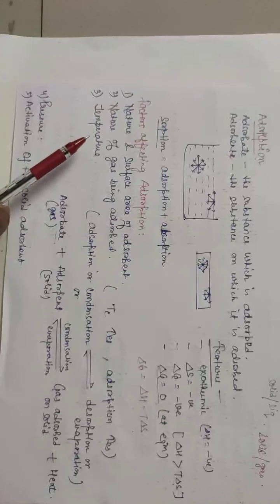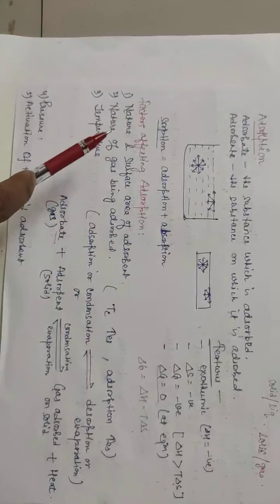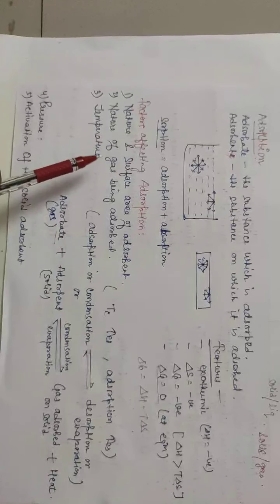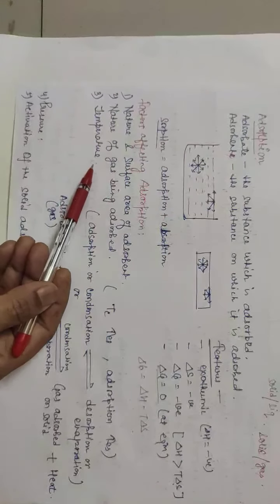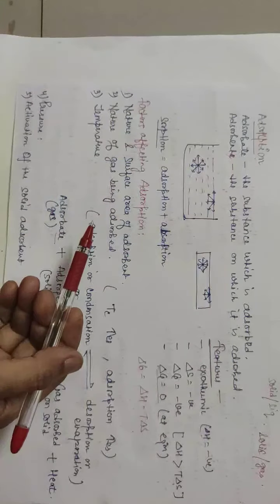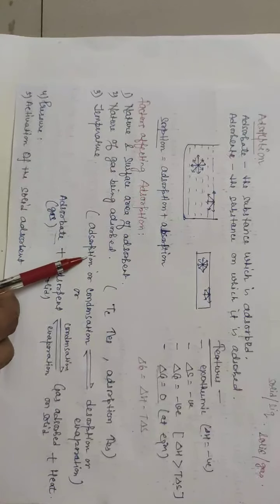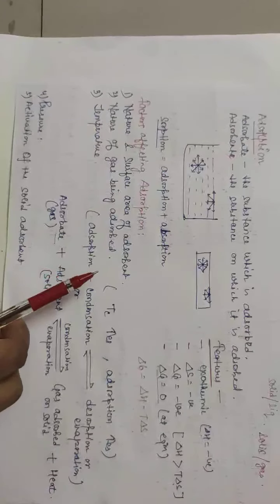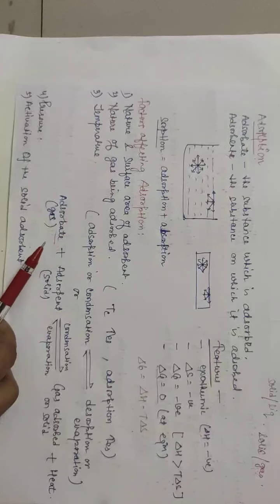Considering the process, adsorption is an equilibrium process. It is observed that with the increase in temperature, adsorption decreases. Now we can write adsorption as condensation. In adsorption, gases are adsorbed on the surface, that means they are getting condensed.